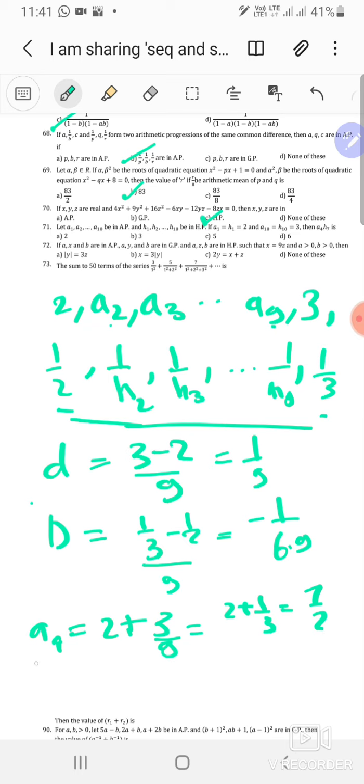And then 1 upon H7 has to be equal to 1 by 3 minus, 9, 8 and 7, 3 jumps, so 3 times this difference, which is 1 by 3 plus 1 upon 6 into 9.